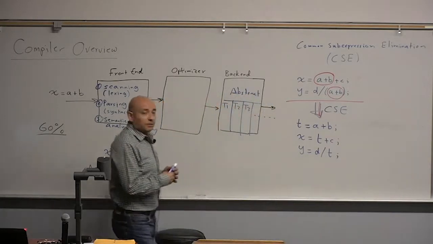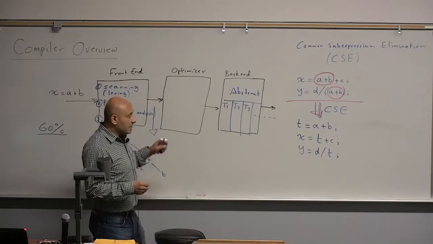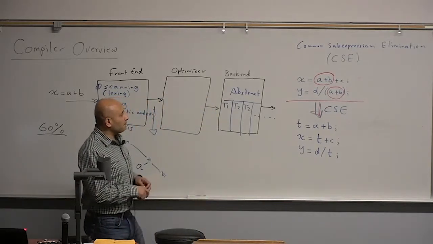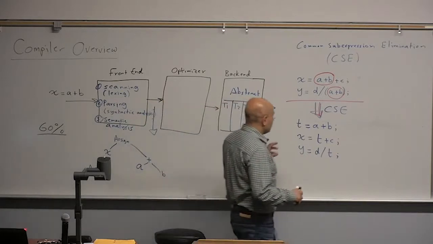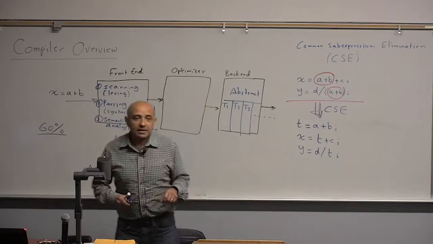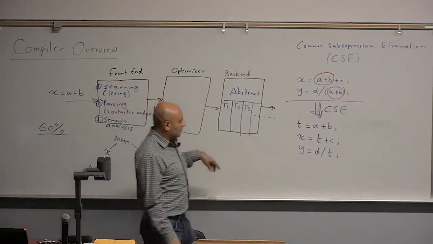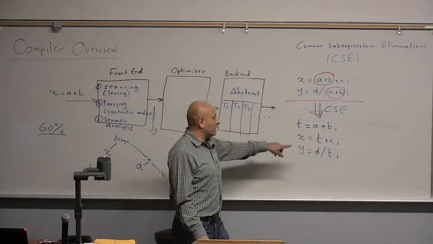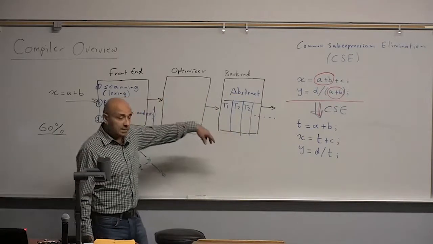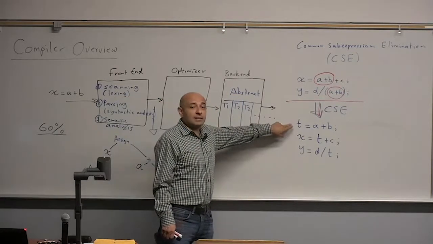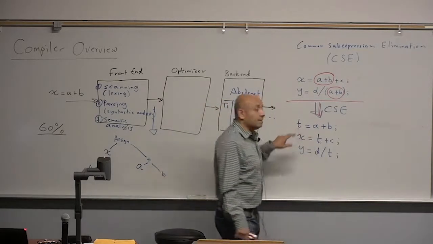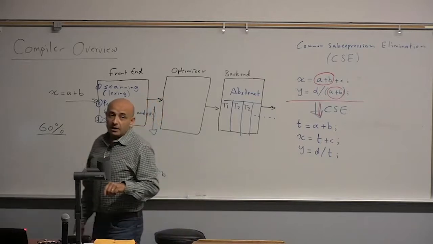So in this case, for example, this will not necessarily improve the code, because sometimes recomputing the sub-expression may be faster than, for example, loading this from memory. So this will improve performance, assuming that this temporary that holds a plus b, that t, will be in a register, not in memory.